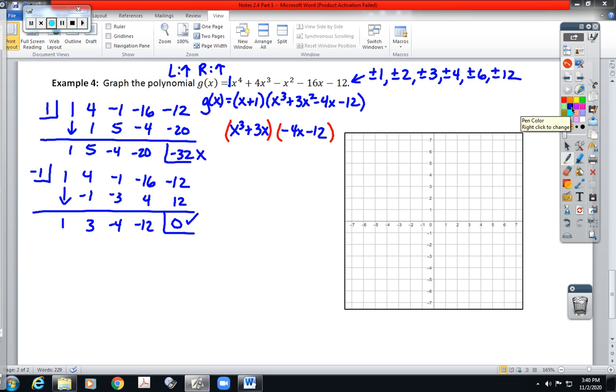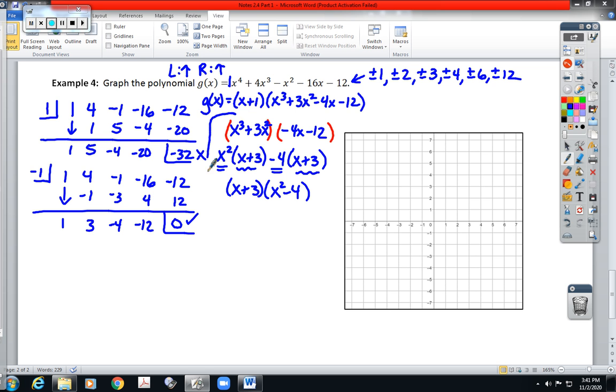So we could take an x squared out of the first two terms, which would give us x plus 3. We can take negative 4 out of the second set, which would also give us x plus 3, which means that factors into x plus 3 and x squared minus 4.